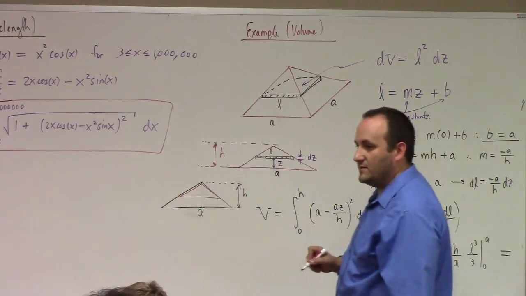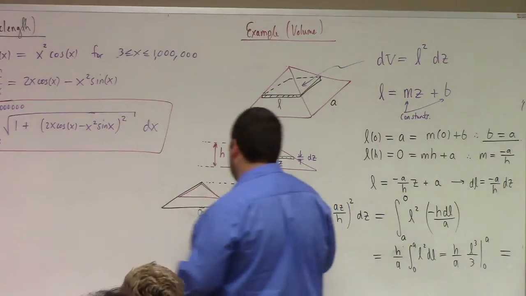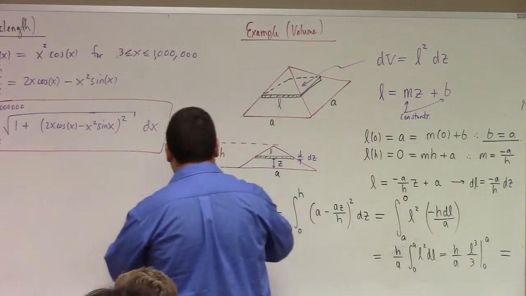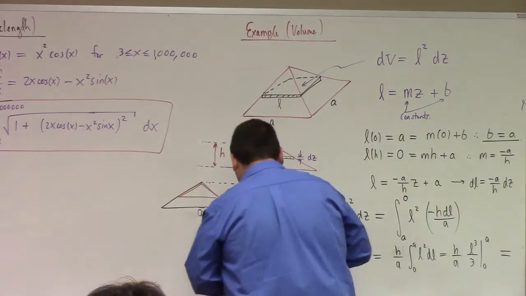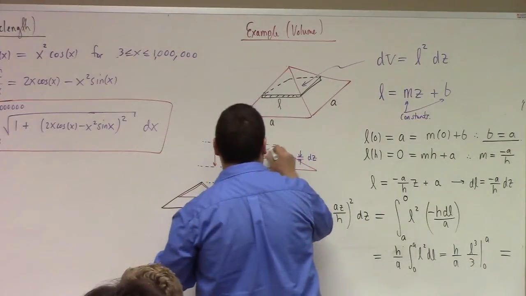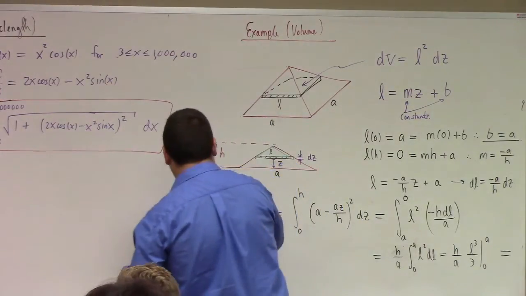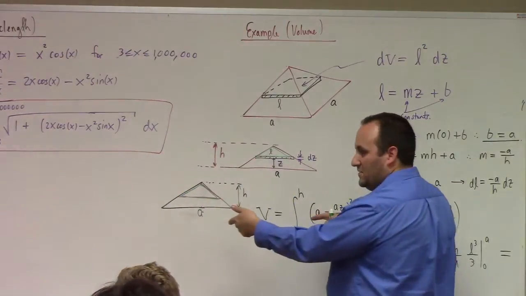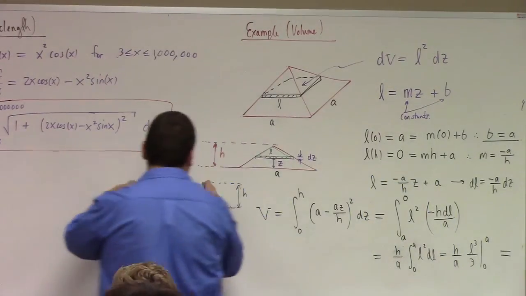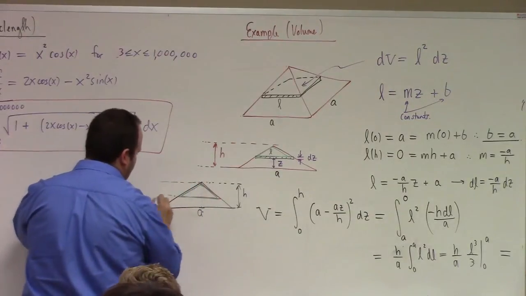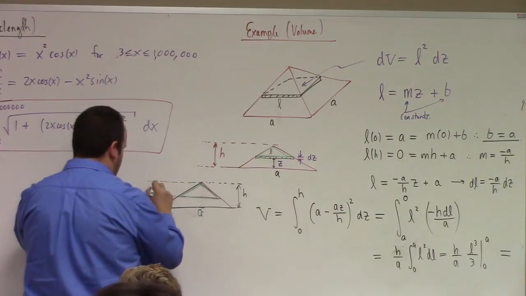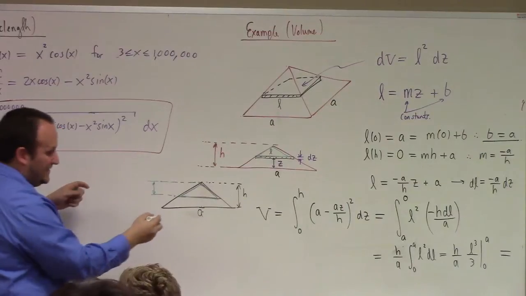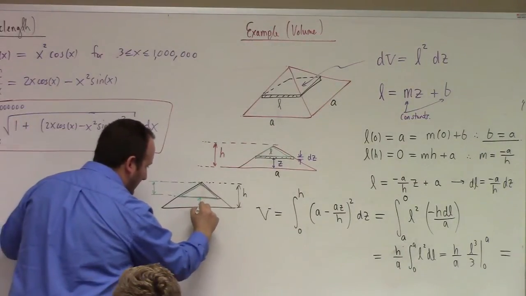And they're similar triangles. But the annoying thing is the red triangle, which is this green triangle up here. That triangle is similar to the black triangle. And the green triangle, this distance would be what? It wouldn't be z, because z is down here.